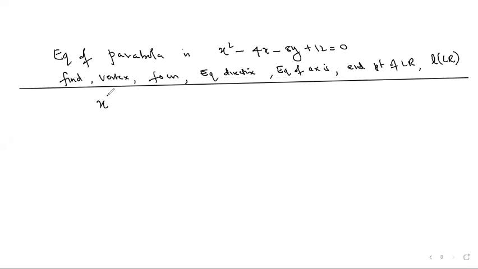X square minus 4x equal to 8y minus 12. Only x term on one side, y term on the other side. What should I add? Plus 4, coefficient of x divided by 2 whole square. This time also it is the same number.